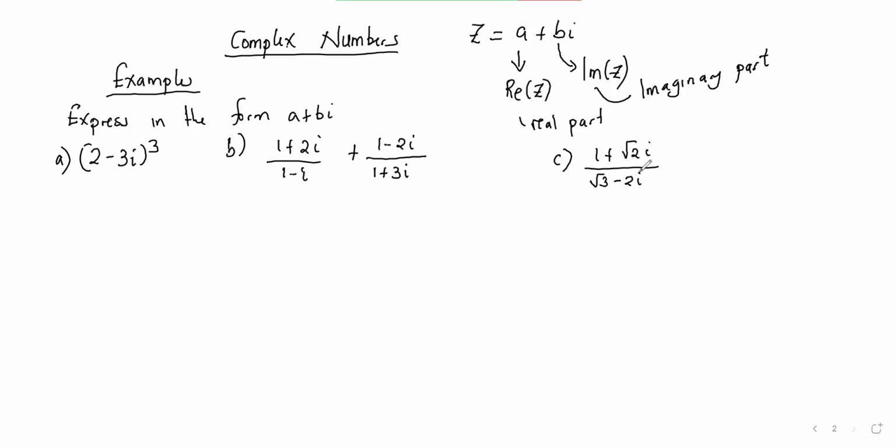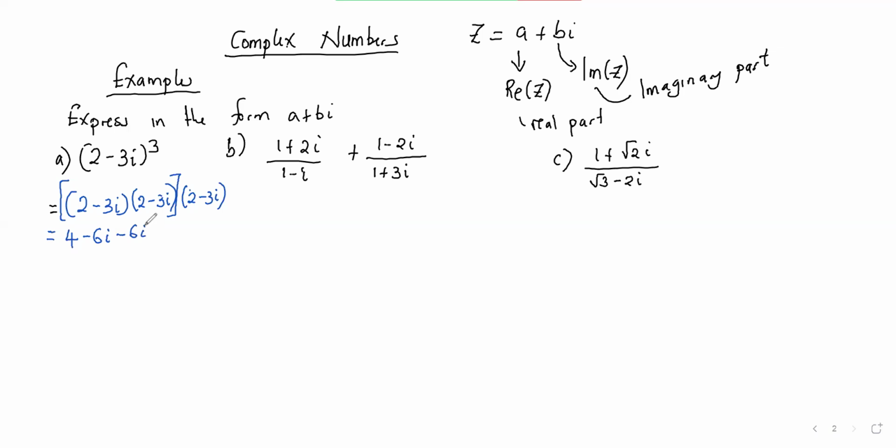So we have the first one. We multiply 2 minus 3i multiplied by 2 minus 3i multiplied by 2 minus 3i. That's what power 3 means. So first do the first two. 2 times 2, 4. 2 times 3, 6. 6 again.